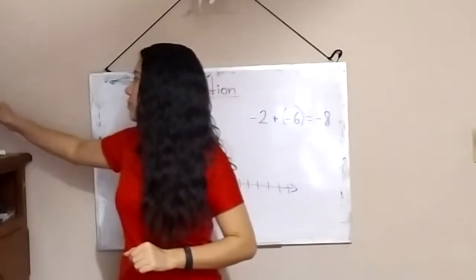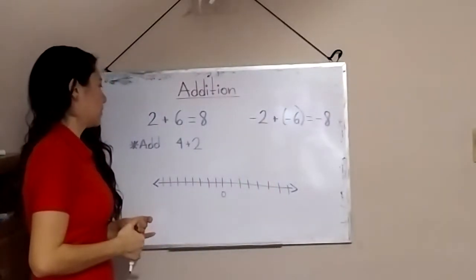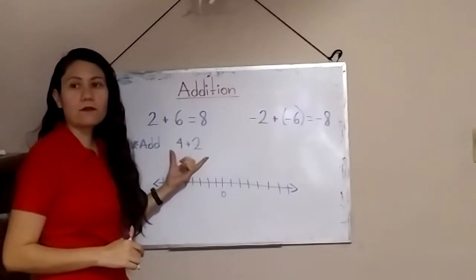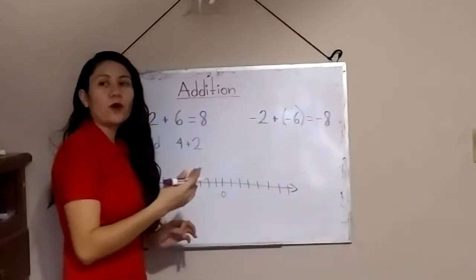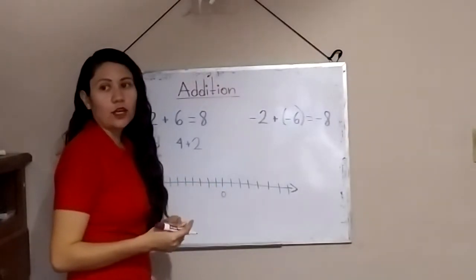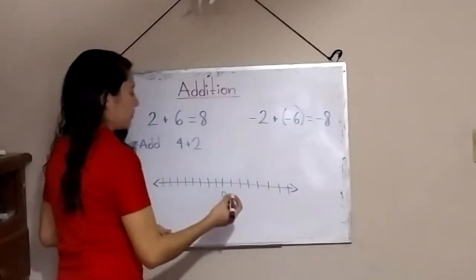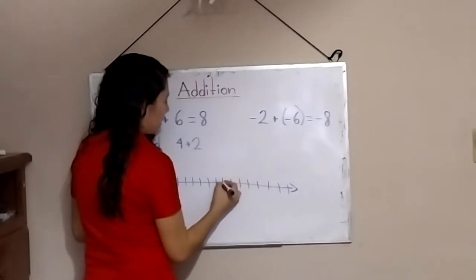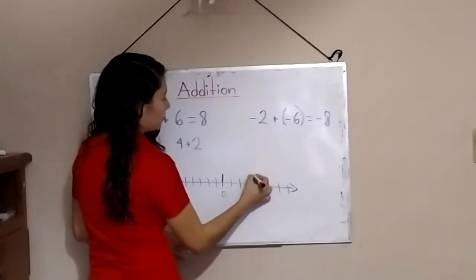Let's do this on a number line. We are going to add 4 plus 2. When we are adding on the number line, we move to the right. We start from 0. Our first number is 4.